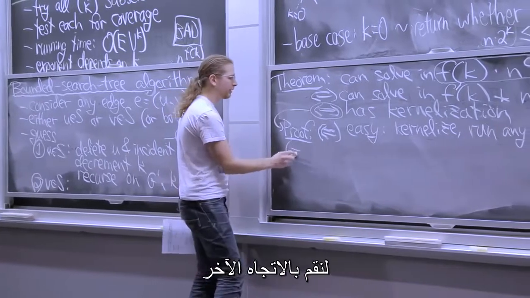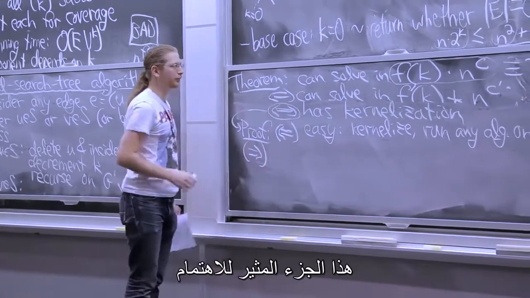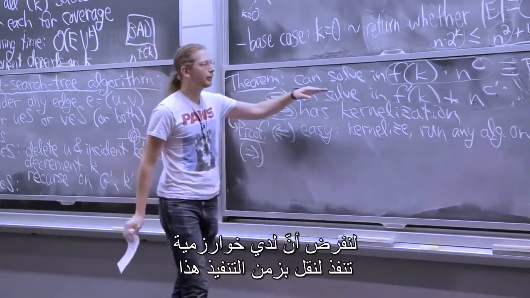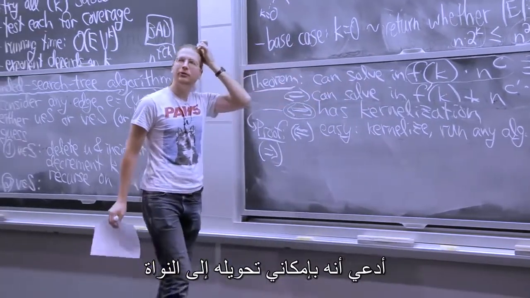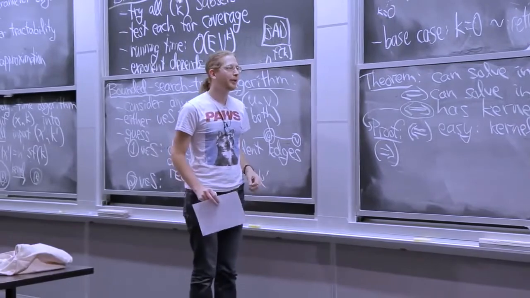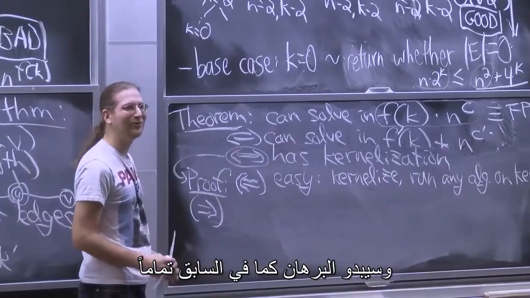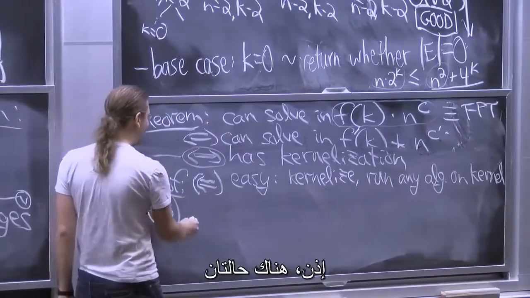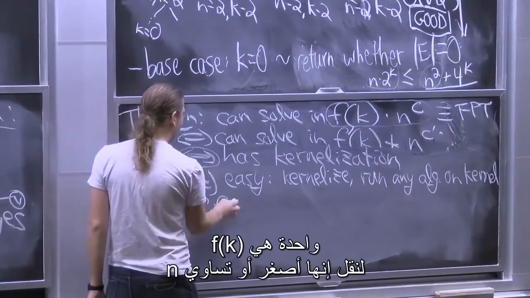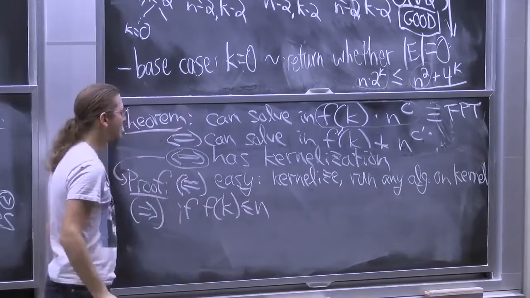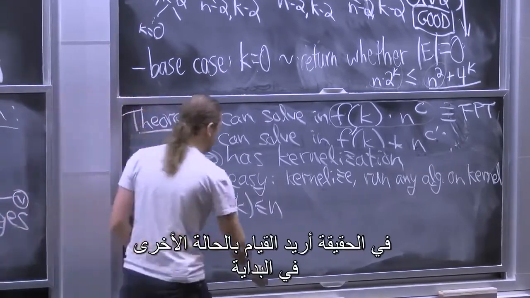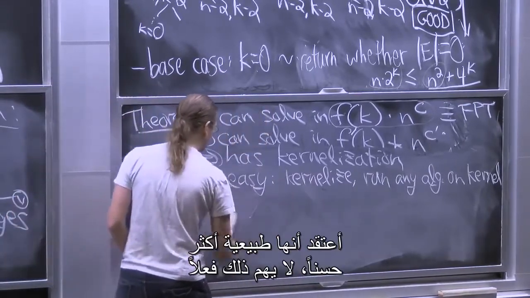OK, let's do the other direction. This is the interesting part. Suppose I have an algorithm that runs in this running time. I claim that I can turn it into a kernel. And the proof is going to look just like before. There are two cases. One is that f of k is less than or equal to n. Actually, I want to do the other case first. I think it's a little more natural.